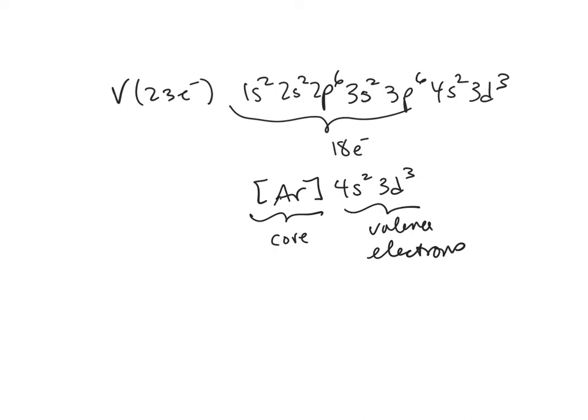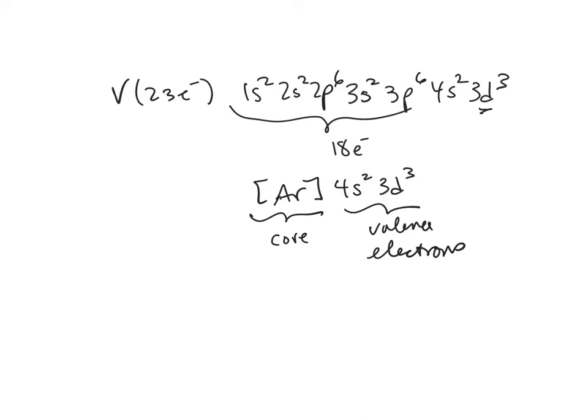So the core electrons, the shells are filled. Subshells are filled, not completely because you have the 3d out here, but 18 electrons corresponds to a rare gas element. There's stability associated with that.